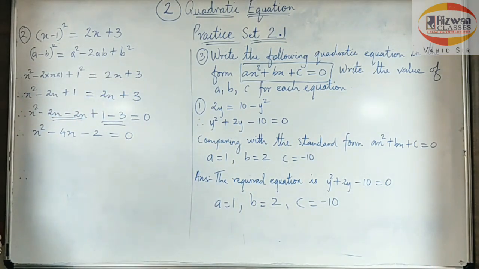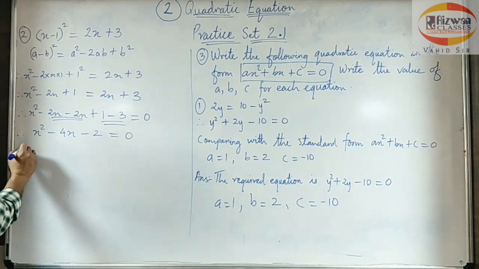Now I have to compare with the standard form. Okay. So that is what you have to write over here, comparing with the standard form. So I have to write it.